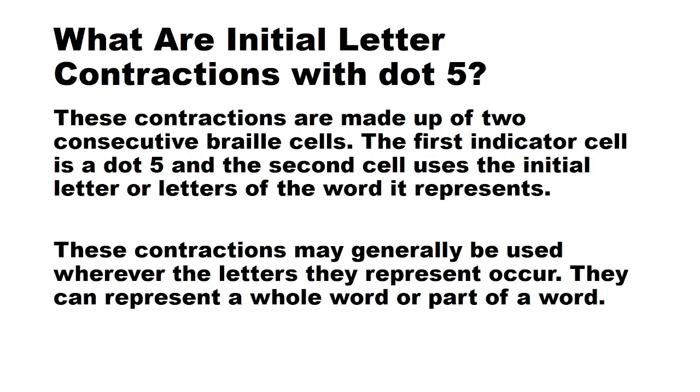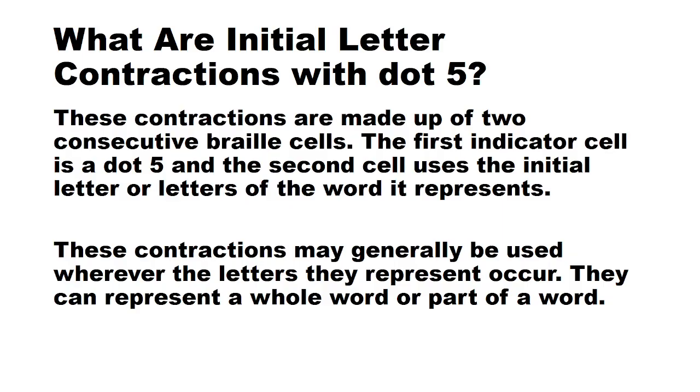Firstly, let us quickly recall what initial letter contractions with dot 5 are. Basically, this type of contraction uses two cells. The first cell has the indicator dot 5, and on the second cell, we have the letters of the English alphabet or the contractions, primarily the strong contractions, which we will be covering in this video.